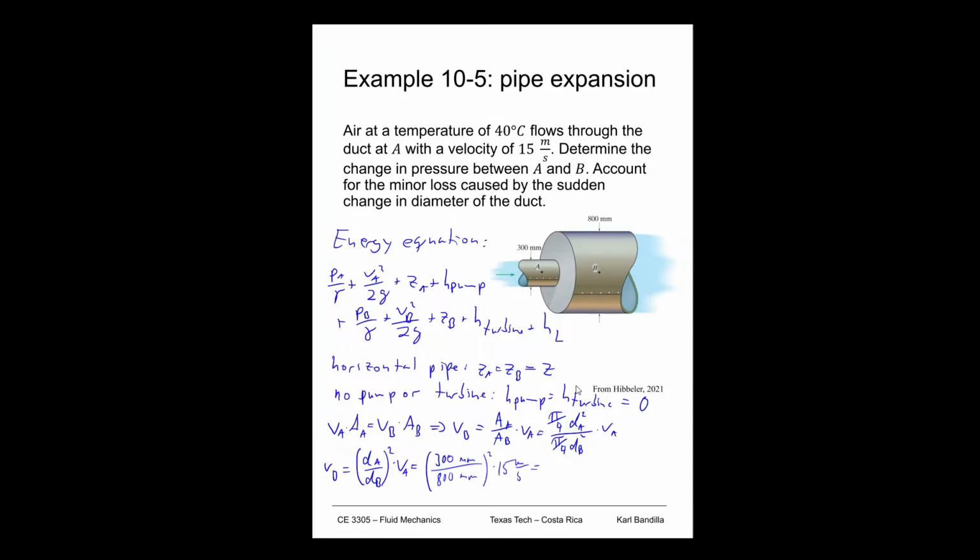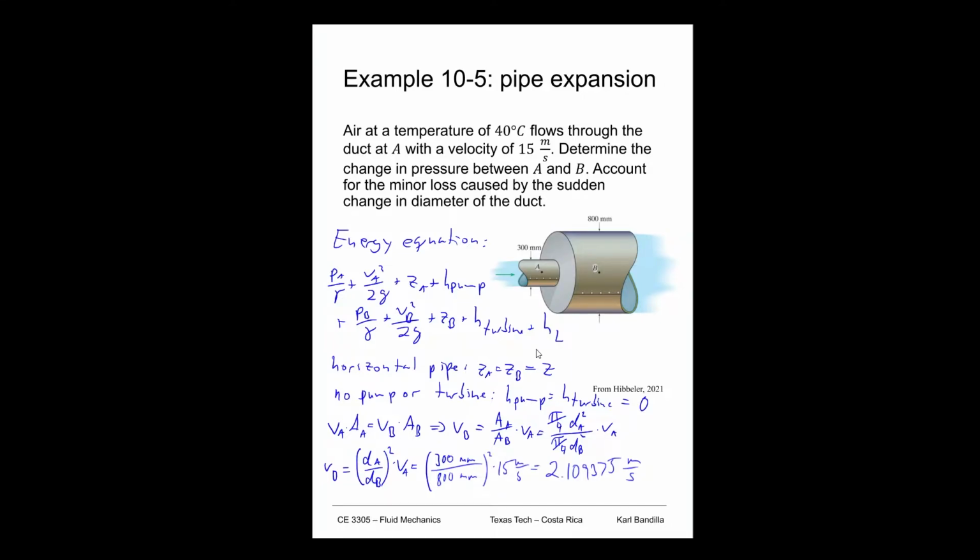And that gives me 2.10935 meters per second. So that's my velocity. So I have PA, PB, VA, VB, ZA, ZB, pump and turbine.